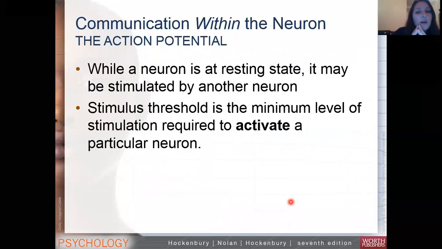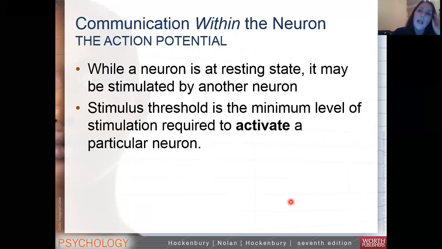So, very important here that while the cell is at resting state, it is sitting at negative 70 millivolts. If it receives stimulation, and it's enough, and it crosses the threshold, enough to start a party, then that particular cell will activate, okay?